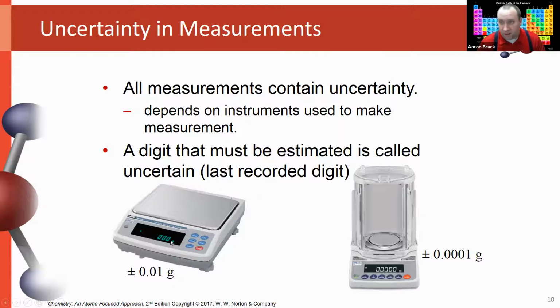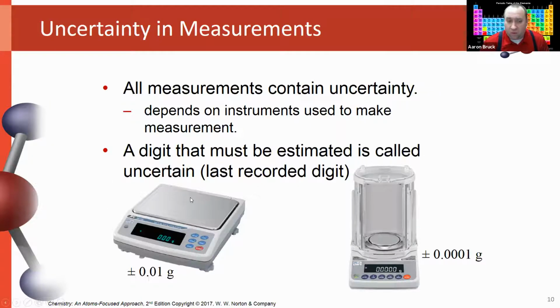When you use something like a ruler or a tape measure, you will be responsible for creating that last uncertain digit, because you'll have to estimate, okay, where is it between those two marks? And how far away is it from one mark versus the other? So there is some uncertainty associated with every single measurement.